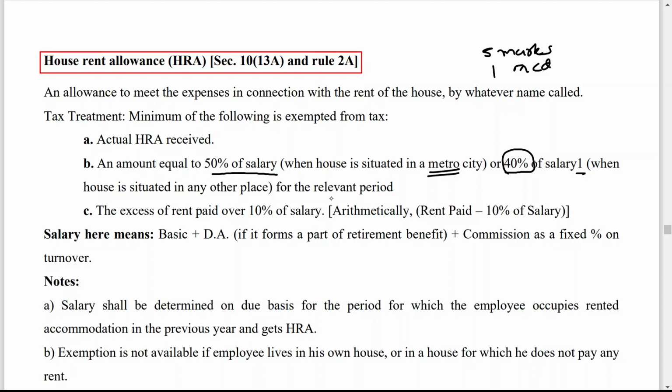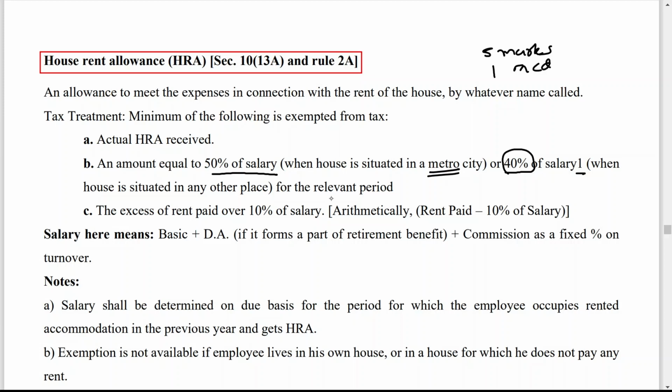If the house is situated in a place other than a metro city, then 40% of salary. Which cities are considered metro cities? Delhi, Mumbai, Kolkata, Chennai. These four cities are considered metro cities. So in metro cities, you take 50% of salary, and other than metro cities, you take 40% of salary.